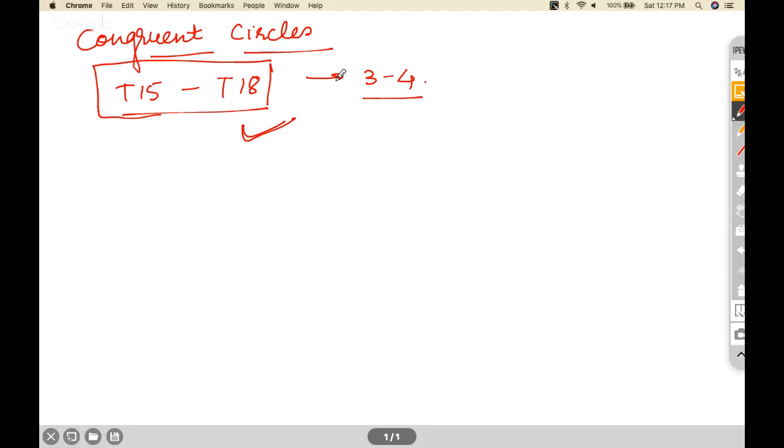So should I go to the questions now? I'm done with the theorems of this section.